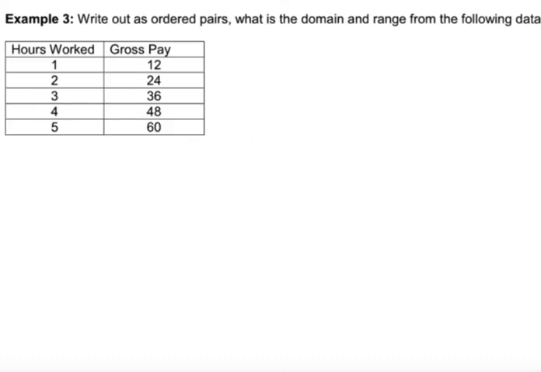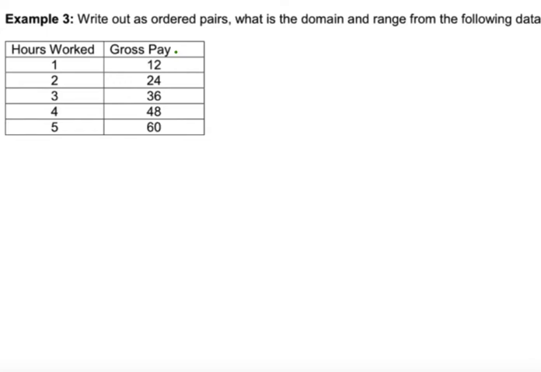Now, let's take a look at example number 3. It says write out as ordered pairs, and what is the domain and range of the following data. We're going to write this as ordered pairs, but first we already know that the domain is related to my independent variable. So let's figure out what the independent variable is first. I have hours and I have pay.